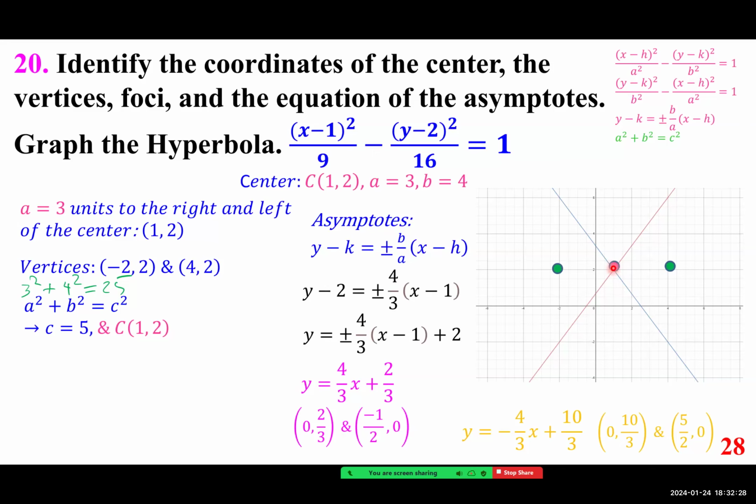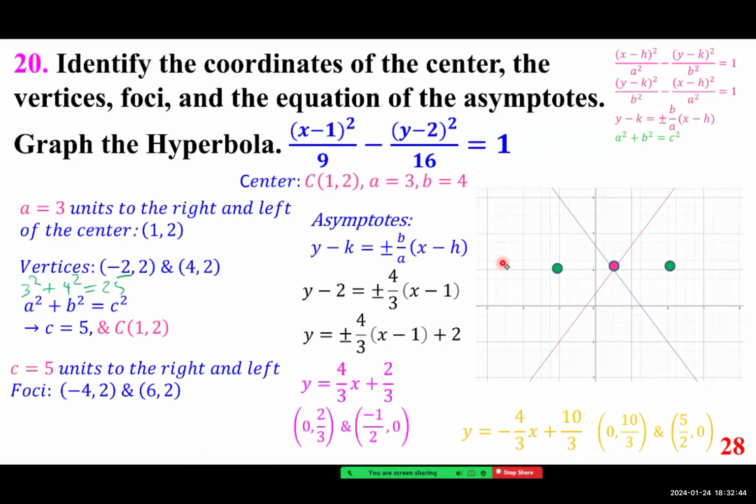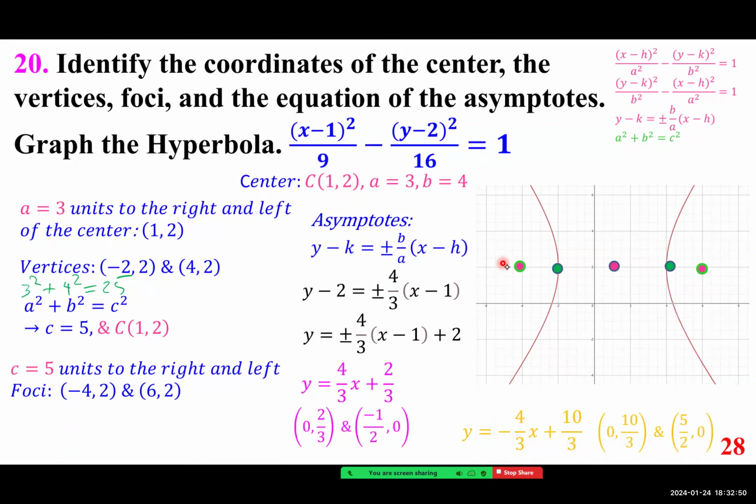From the center, which is located at 1, 2, if I go to the right by 5, 1 changes to 6, 6, 2. If I go to the left, 1 minus 5 becomes negative 4. Here's the graph. Here are the asymptotes.